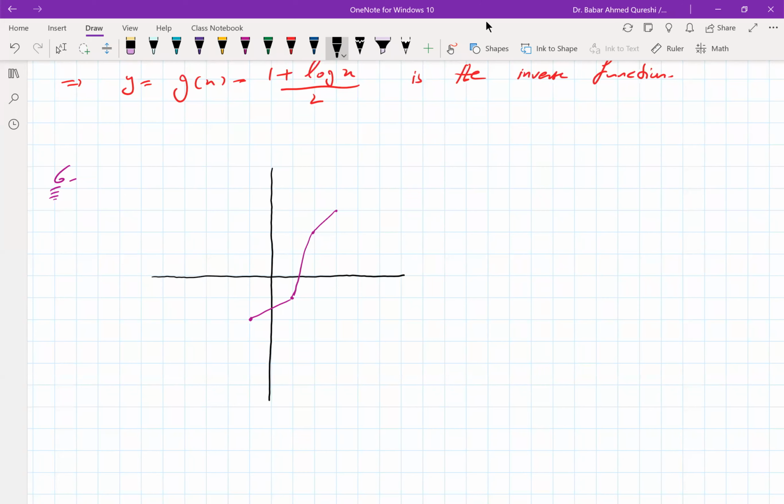So this is 1, minus 1, and this is minus 1, minus 2. This is 2, 2, and this is 3, 3. And this is not minus 1, minus 1. This is 1, minus 1.